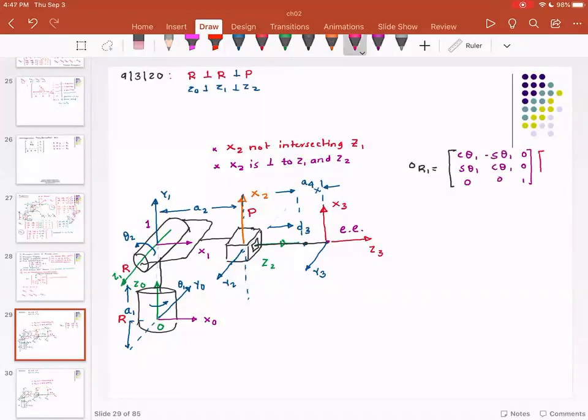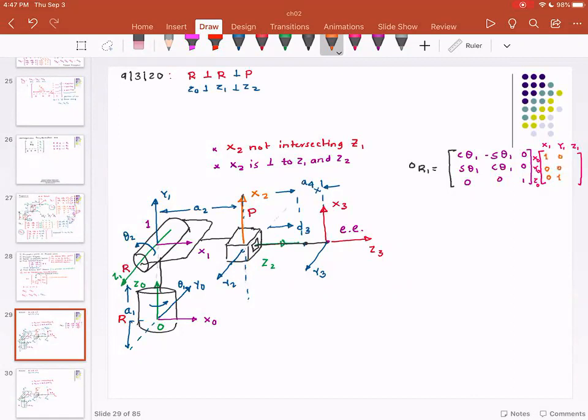And what I need to do is multiply this with the projection matrix x0, y0, z0, x1, y1, z1. So the projection of x1 onto x0 is 1. The projection of y1 onto z0 is 1.